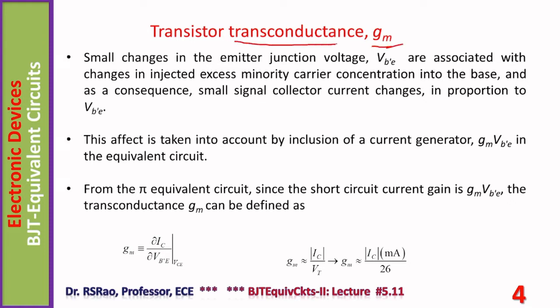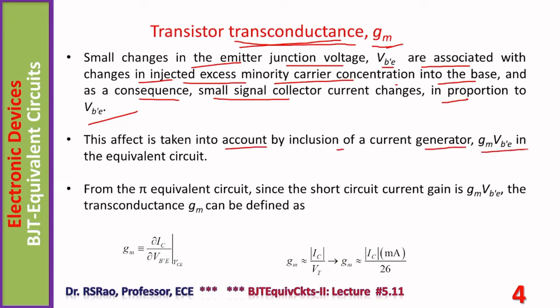It is called transconductance. Small changes in the emitter junction voltage V_B'E are associated with changes in injected excess minority carrier concentration into the base, and as a consequence, small signal collector current changes in proportion to V_B'E. This effect is taken into account by inclusion of a current generator gm V_B'E in the equivalent circuit.